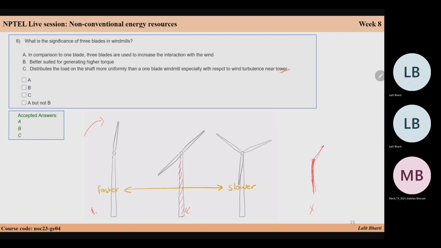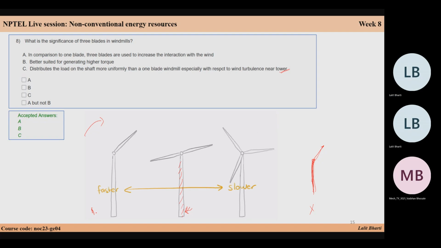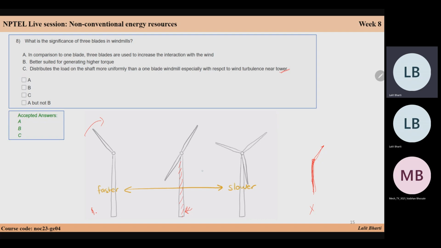Because the wind current or air will be distorted near this main shaft, the overall production of electricity will be affected, and the two-rotor system is also not the optimum design for your windmill structure. So to mitigate this kind of effect, we move to the three-blade system.